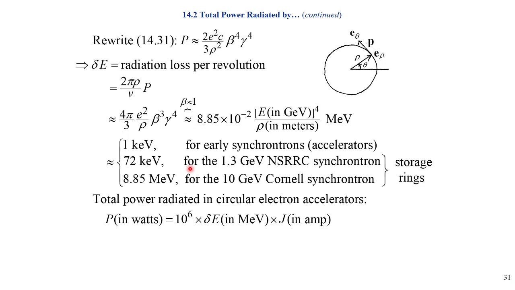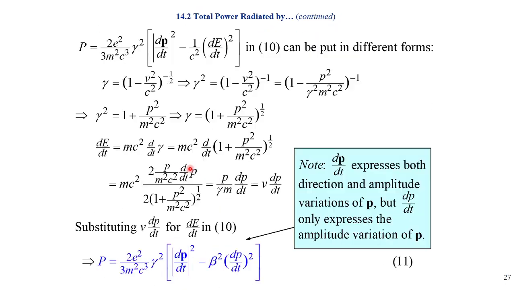Okay, so that means if you run one turn, you lose this energy. If you run 2 turns, you double it, you lose more energy. Therefore, you should compensate the loss of the energy. We need an accelerator. That is the Doris cavity. Go back.